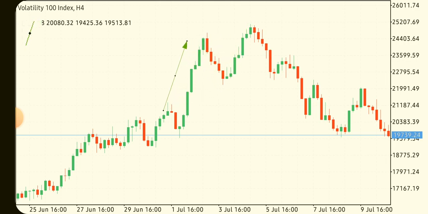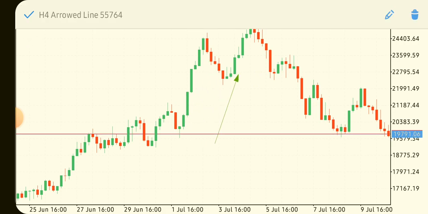We can connect these points, because this point is higher than the previous one, and this lower point is a little bit higher than the previous one. So it's easy to connect this point and this point here. The line will be coming right out like this, and then here it will be coming like this. You also need to have knowledge of chart patterns, as this will help you.